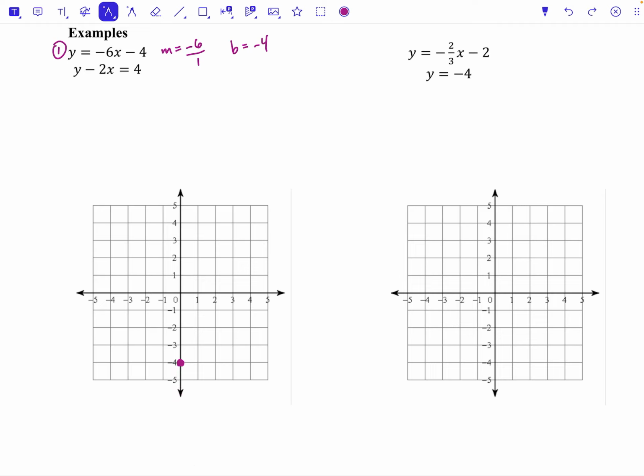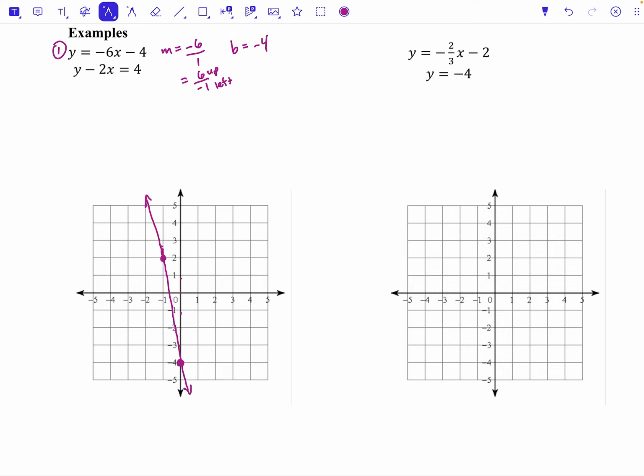So instead, I'm going to say that's the same as 6 over -1. Remember, -6 over 1 would be just the same as 6 over -1. What's different about this is now we're going 6 up, and we're going 1 to the left. So 6 up, 1, 2, 3, 4, 5, 6, and 1 to the left. There we go. And we draw a line going through those 2 points.